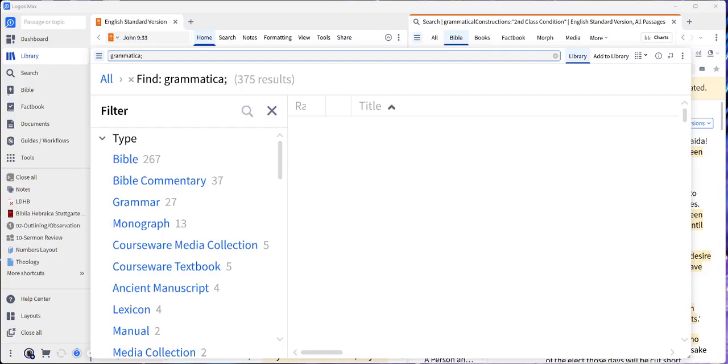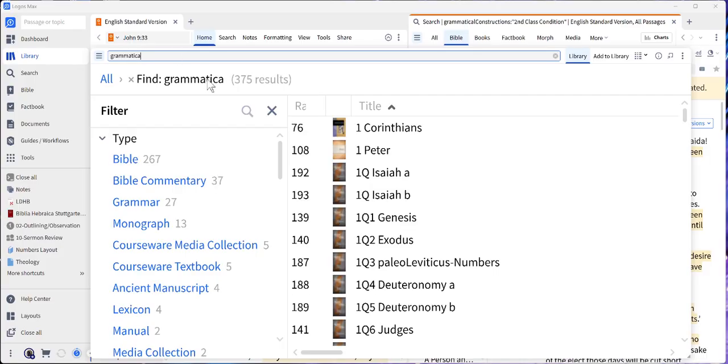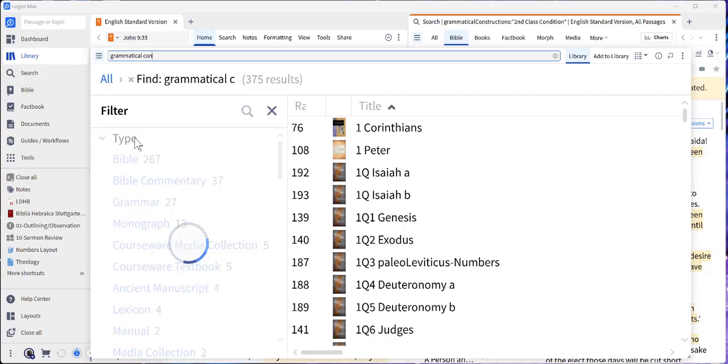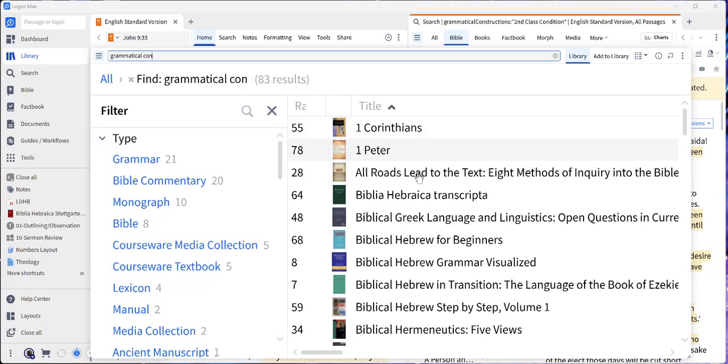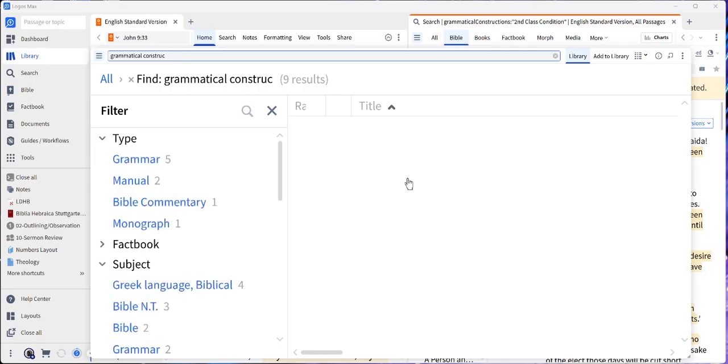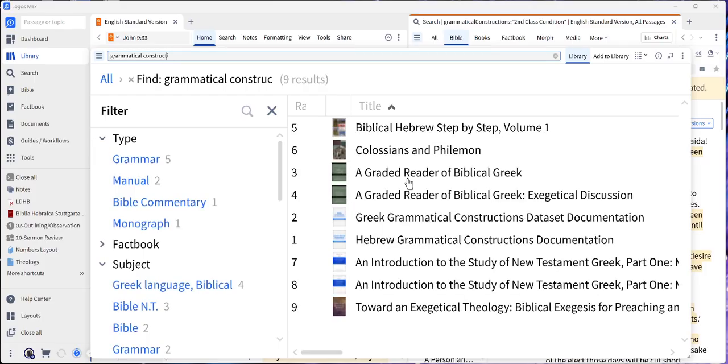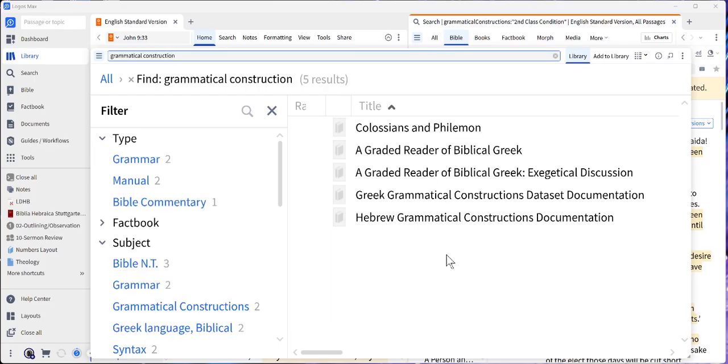It tells a very brief explanation of the various grammatical constructions.